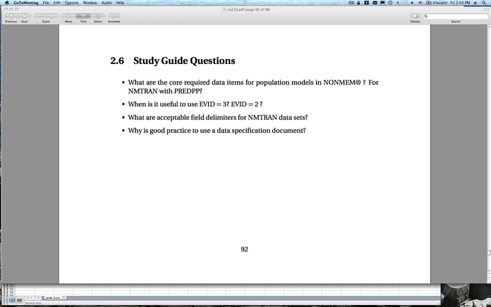Next question is, when is it useful to use event ID 3 or event ID 2? Well, event ID 3 signifies a data record that is used only for the purpose of resetting the entire system to 0. So that could be used if you have a crossover design and you want to apply a washout at a particular time. It can also be used if you have a study design with multiple occasions, a long study potentially, where maybe your first occasion is early on in the study, and then there's nothing for a very long period of time.